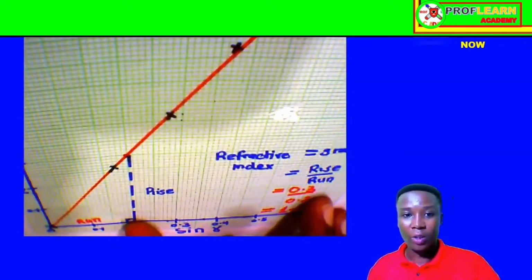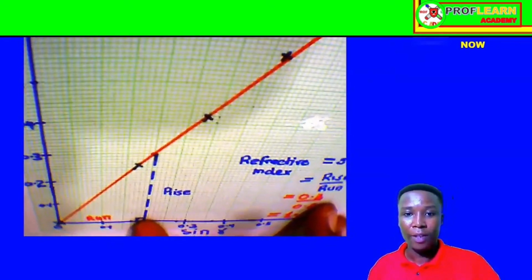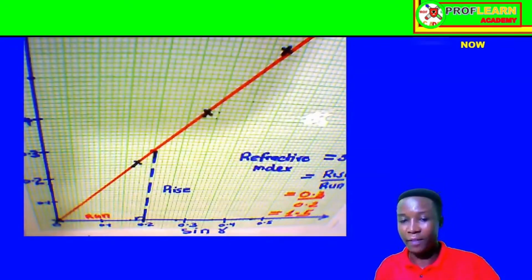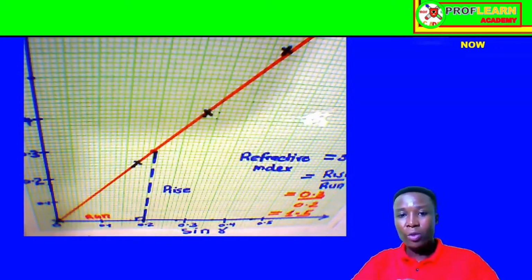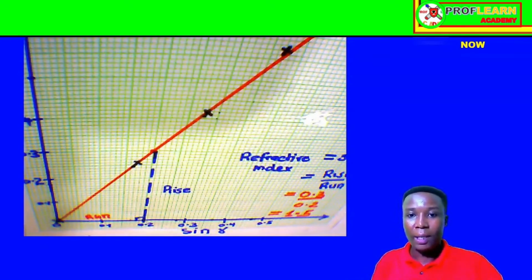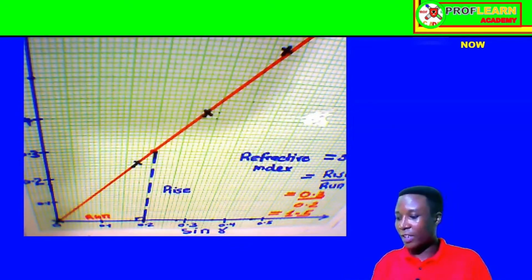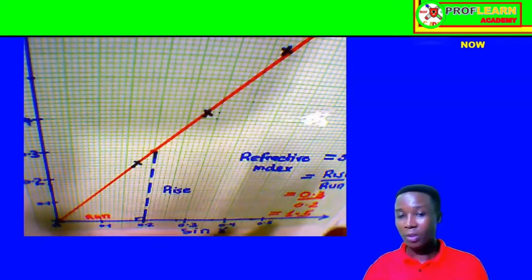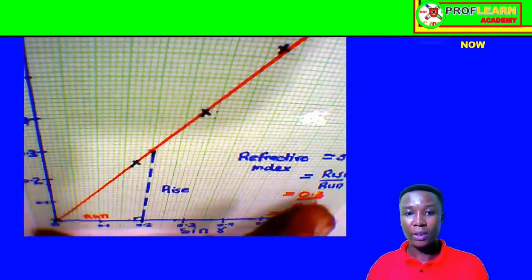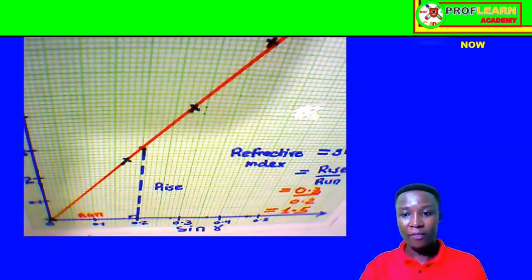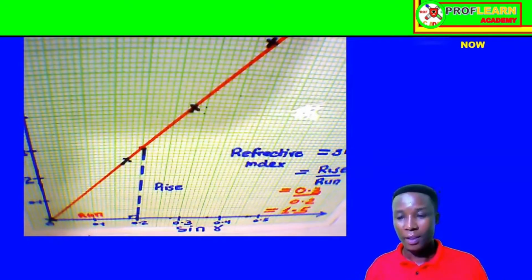So that is how you can use a graph in order to work out the refractive index. When we are using this method, using a graph, it's more accurate because you are using many values, unlike if you had just selected one point from the table to work out the gradient. This one will be more accurate because you are using many values that you obtained from the experiment.